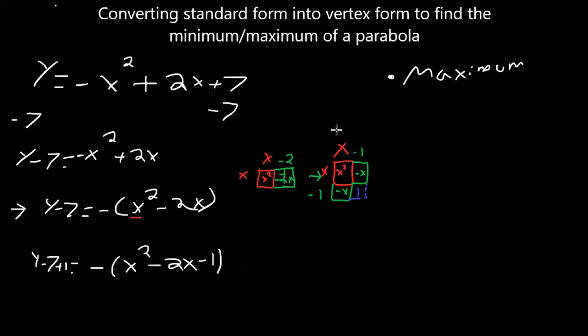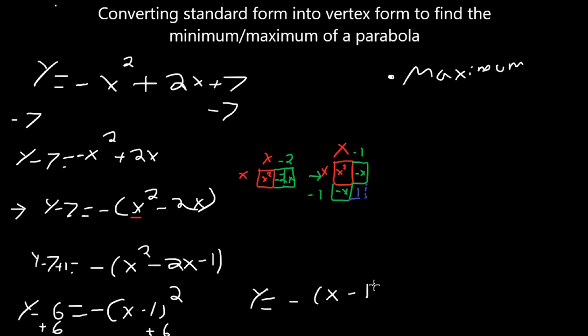Now we know that this square represents this equation, so we know that this is going to be y minus 7, negative 7 plus 1 is y minus 6, is equal to negative (x minus 1) squared, just based on our square diagram, and we will get, by adding 6 to both sides, y equals negative (x minus 1) squared plus 6.